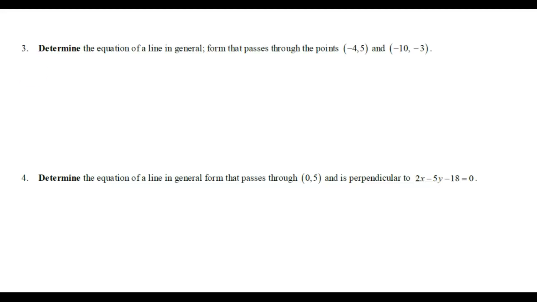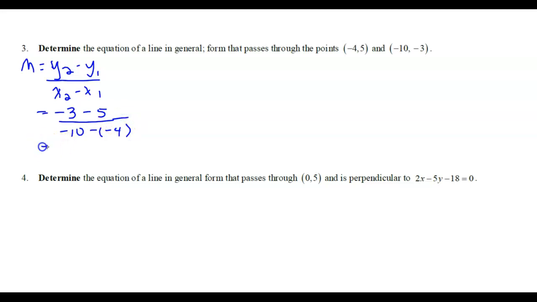So remember that slope is y2 minus y1 over x2 minus x1. So in this case, it would be negative 3 minus 5 over negative 10 minus negative 4. So you figure out what that is in reduced form.